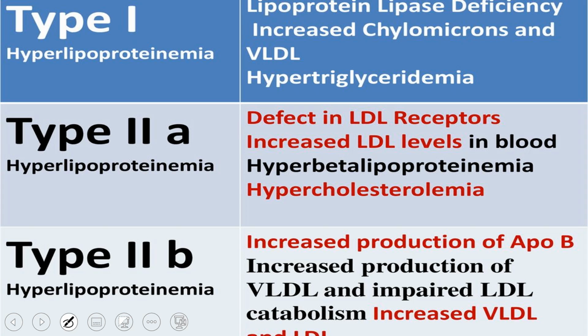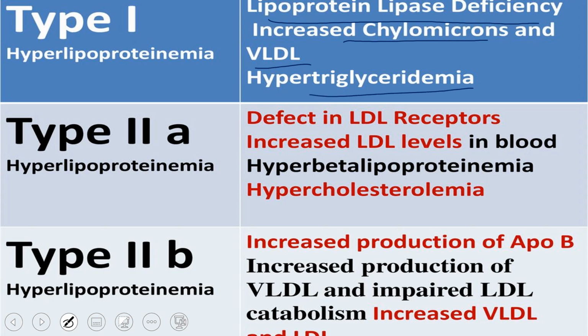So as you can see here, lipoprotein lipase deficiency is there in case of type 1. So we are unable to digest chylomicron. So triglyceride or chylomicron will be increased in our circulation. Increased chylomicron and VLDL. Triglyceride will also be increased.